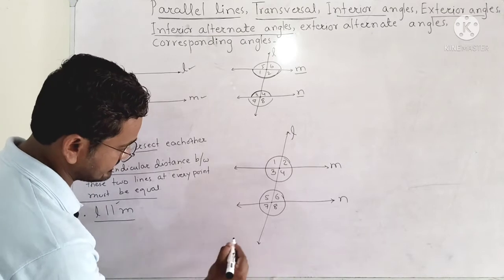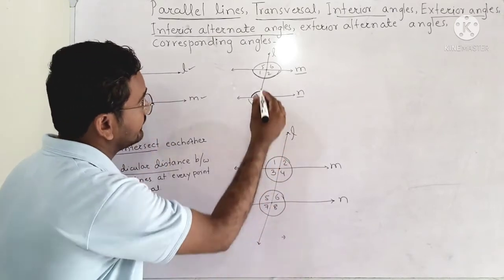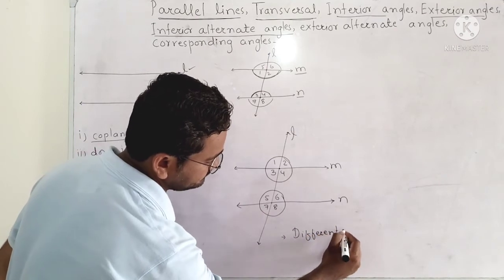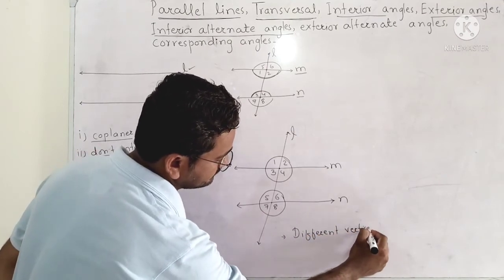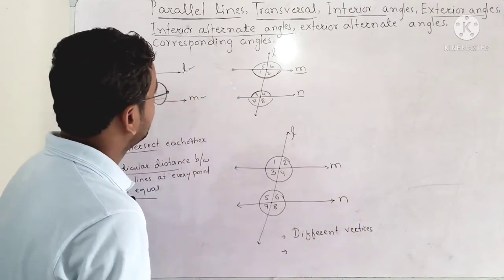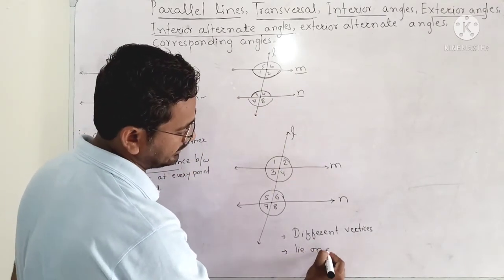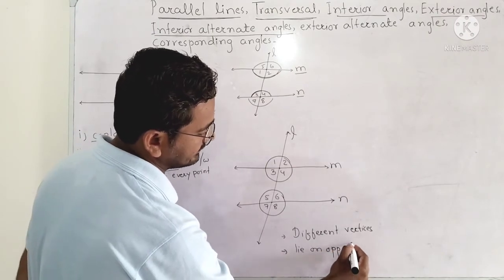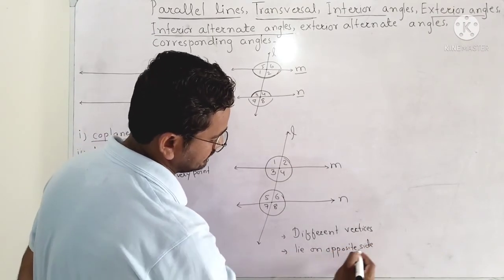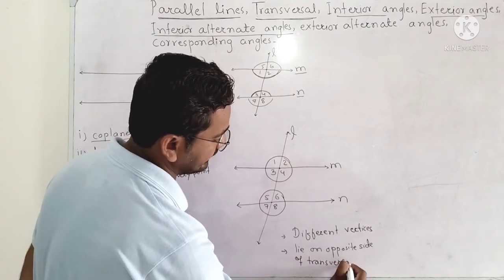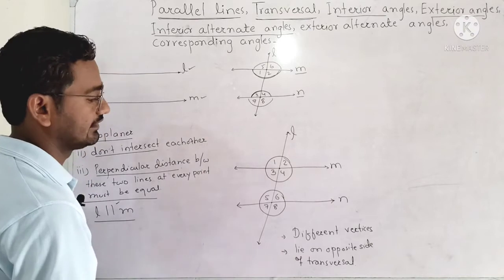Interior alternate angles have different vertices and lie on the opposite sides of the transversal. Then these angles are called interior alternate angles.